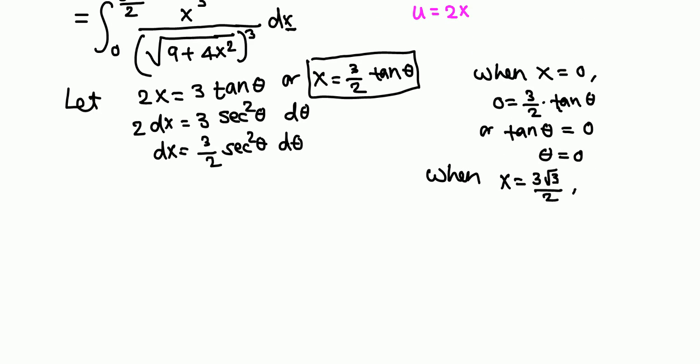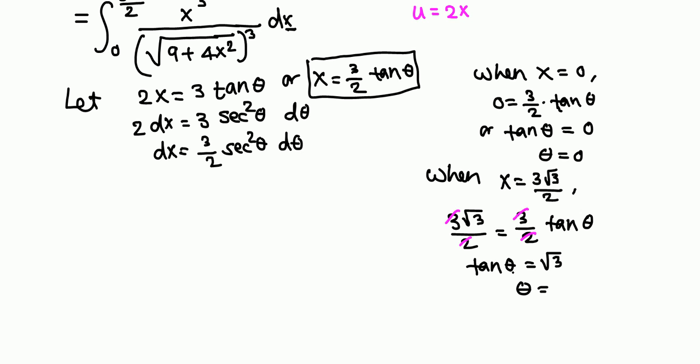Then from this boxed relation, 3 root 3 over 2 equals 3 over 2 tangent theta, and we can cancel. If we cross multiply, 2 and 2 cancel, 3 and 3 cancel, and we have tangent theta equals root 3. Now give me an angle theta for which tangent of that angle is root 3.